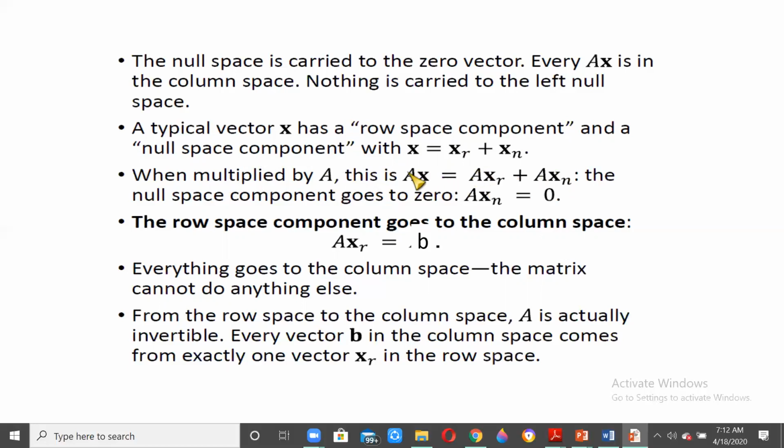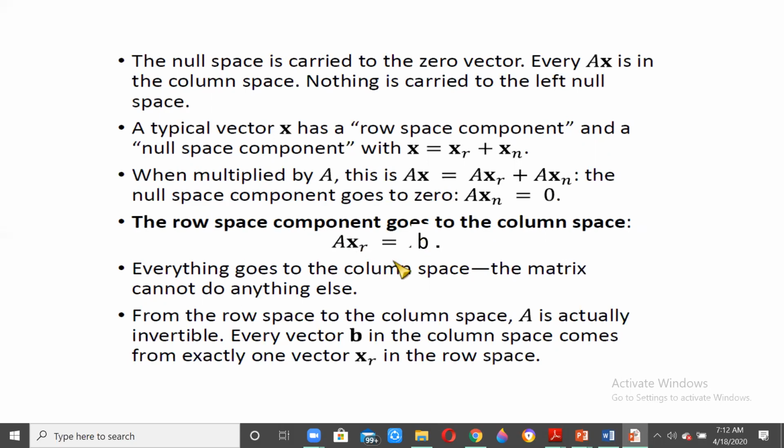So together, Ax will go into the column space. The row space component goes to the column space, and that is written by Axr is equal to b.